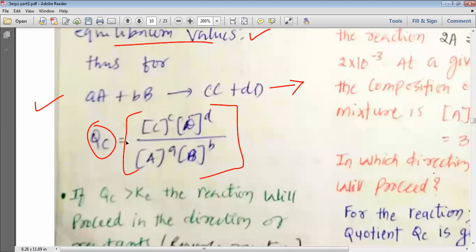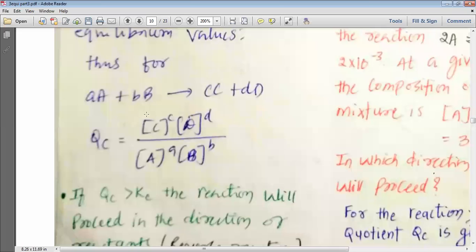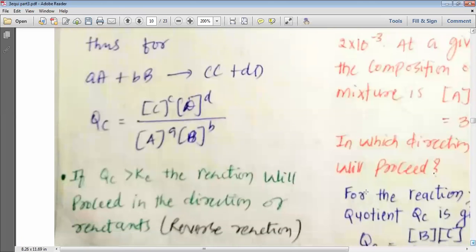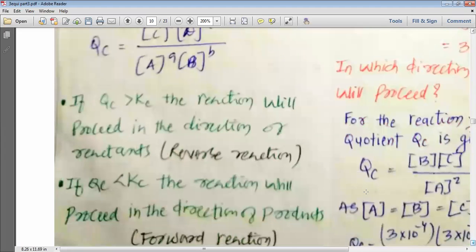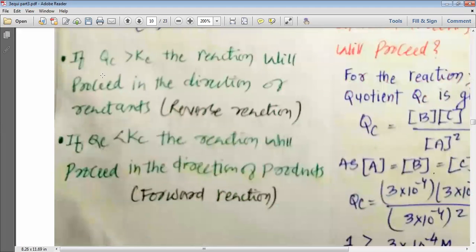So the basic difference between the calculation of Qc and Kc is that for Kc we consider only the equilibrium concentrations, but in Qc we use the values of the concentrations of reactants and products other than the equilibrium concentrations.